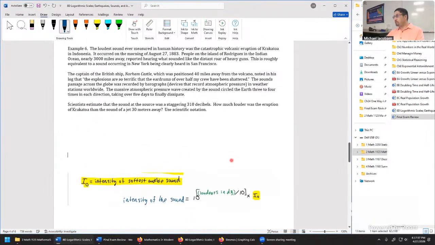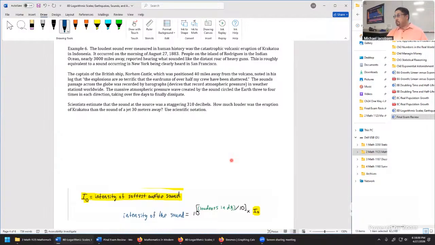Okay, well, here's our formula, I've screenshotted it in to help us out. So we can say now the intensity of, let's start with maybe the Krakatoa eruption. It's what comes first, and typically when we make a comparison, we want to consider the item that comes first.